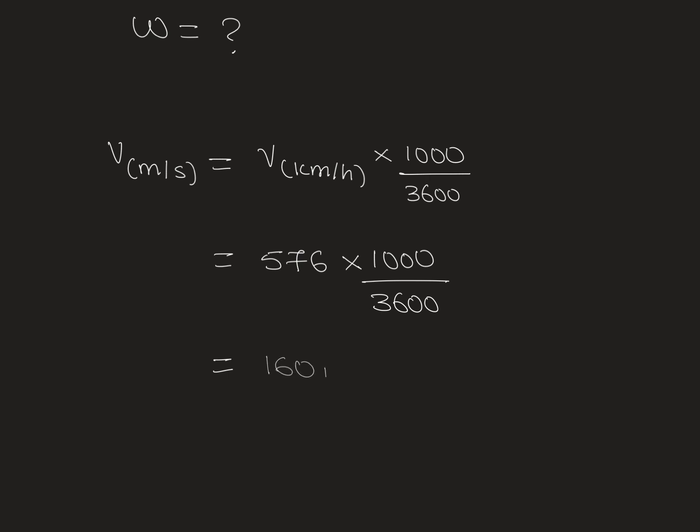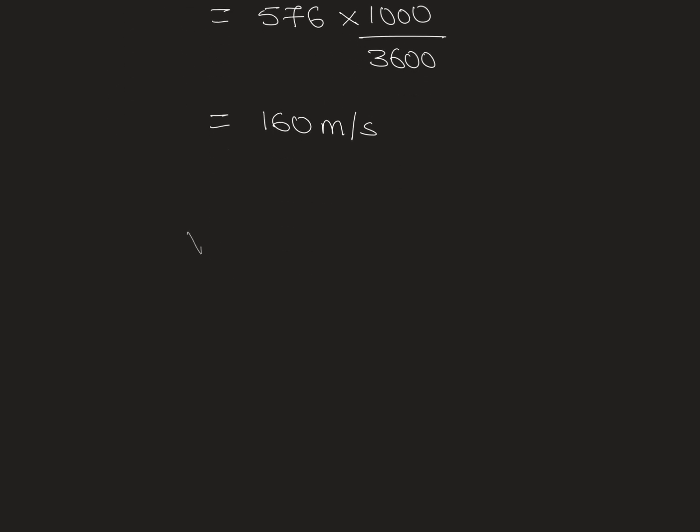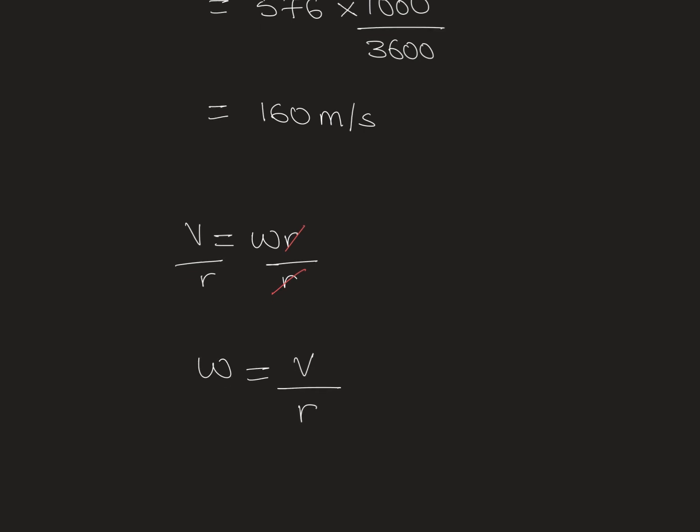160 meters per second. We know that the linear velocity is equal to the angular velocity multiplied by the radius. So if we want to find the angular velocity, we divide both sides by r. So the angular velocity is equal to the linear velocity divided by the radius.